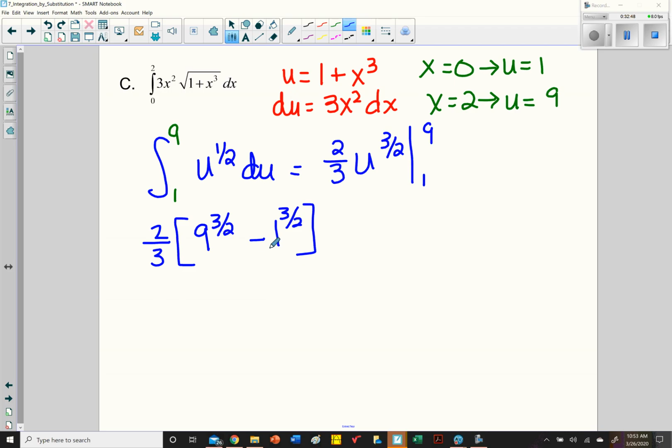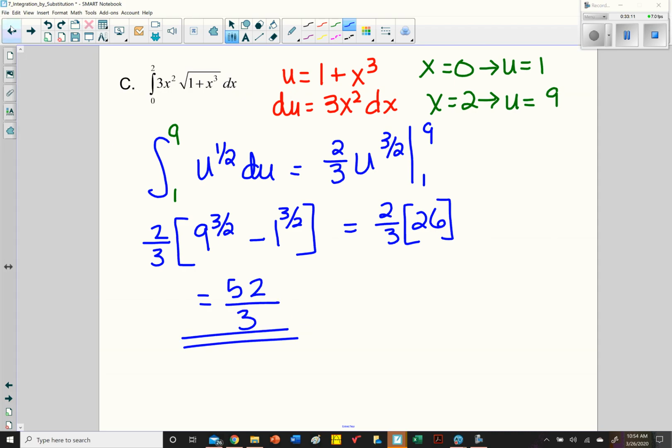This becomes 1. 27 minus 1 times 2/3 would be 26 times 2, is 52/3. One more.